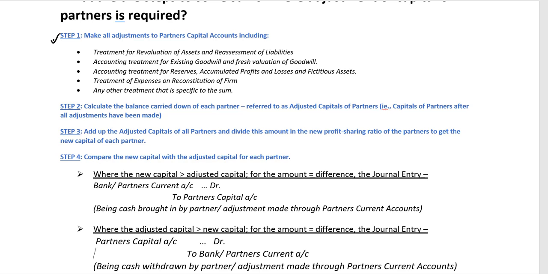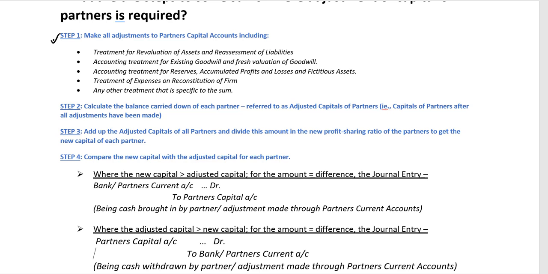So we'll have to check again in the question whether we are asked to make the adjustments through cash or through partner's current accounts. And if it's through cash, we will credit bank account, and if it's through the partner's current account, we will credit the partner's current account. So these are the 4 steps which have to be followed to solve a sum where adjustment of capital of partners is required.